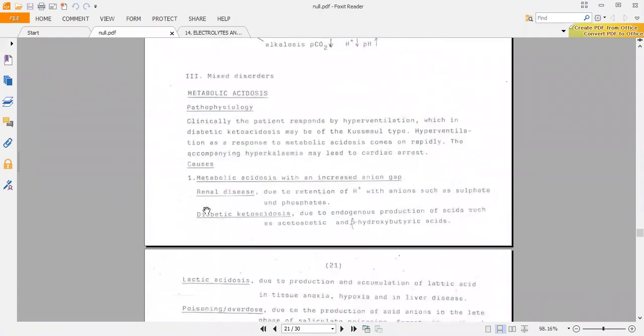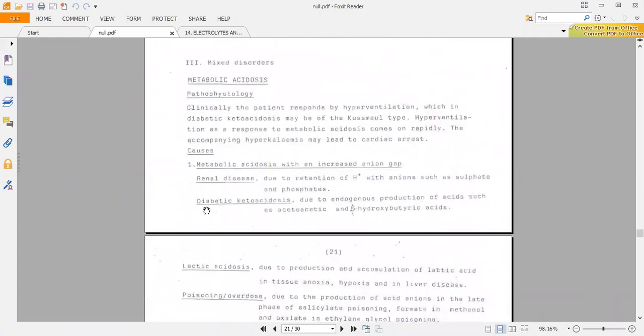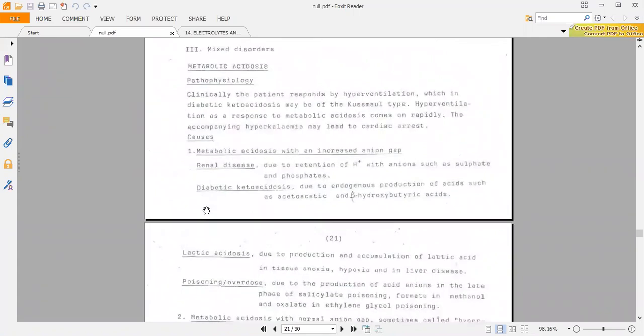Now, what can cause metabolic acidosis? We can group them into two. We can look at metabolic acidosis with increased anion gap, and I already explained this to you. I even gave you some examples.